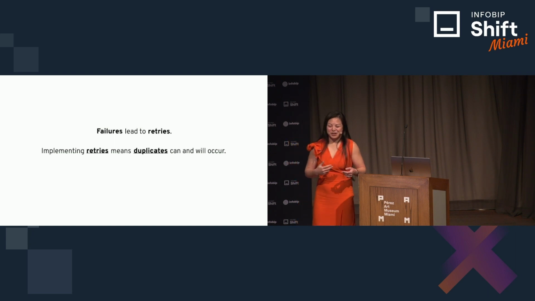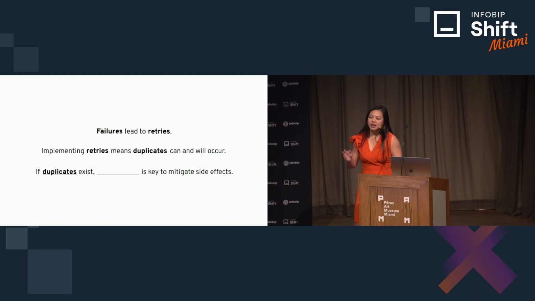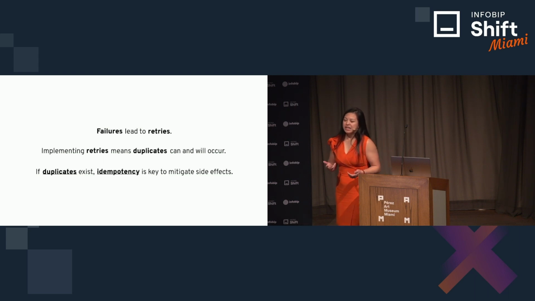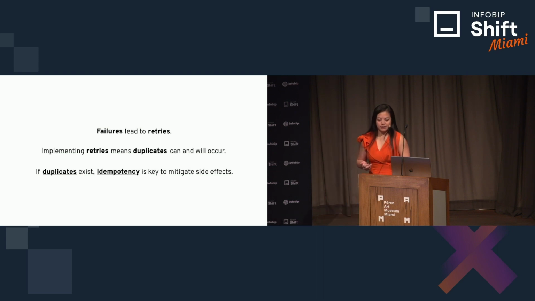We're potentially introducing duplicates into our system because we are the ones implementing the retries. And that's okay. What we have to understand is that if duplicates occur, then idempotency is key to mitigate the side effects that will occur.